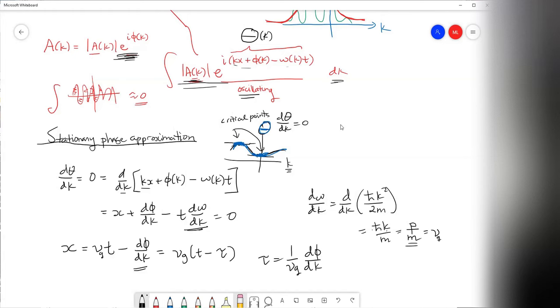And of course, you find the critical points. So this is at a particular k bar. This is all evaluated at k equals k bar, for which you're at that stationary point.